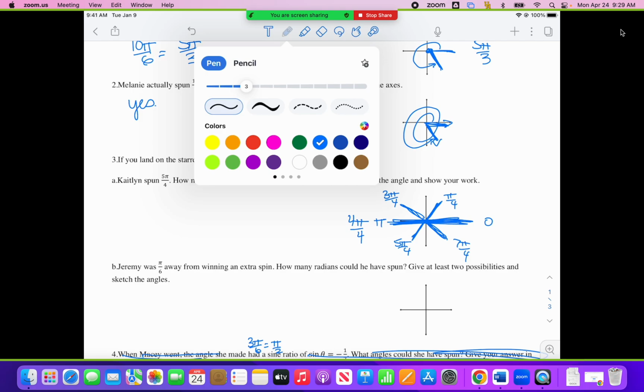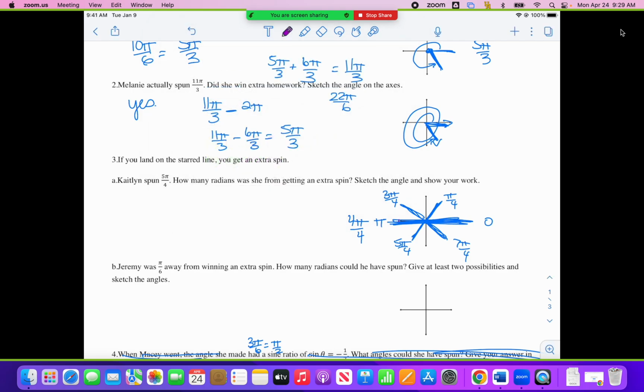So I want to know, does anybody remember when we did degrees? What was the special vocabulary from the x-axis to the terminal side? Reference angle. Okay, so up here, this was coterminal angles. This is a reference angle.